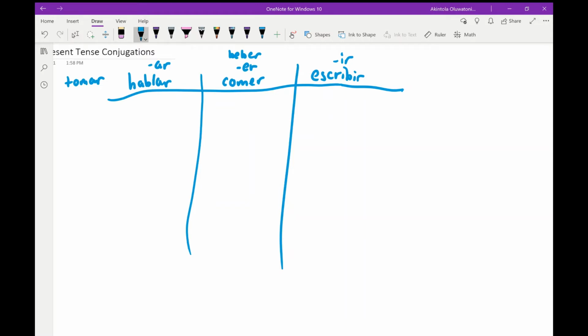Well, there's a lot of irregular IR verbs, but the basic point is that the chart that we're about to do today, you can take the endings and use them, and they apply for all the regular verbs that end with this same stem. So let's get started. Hablar.